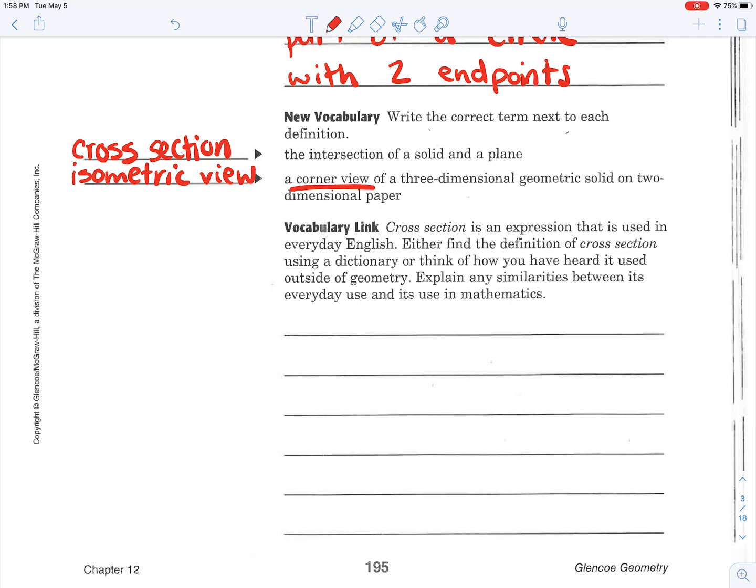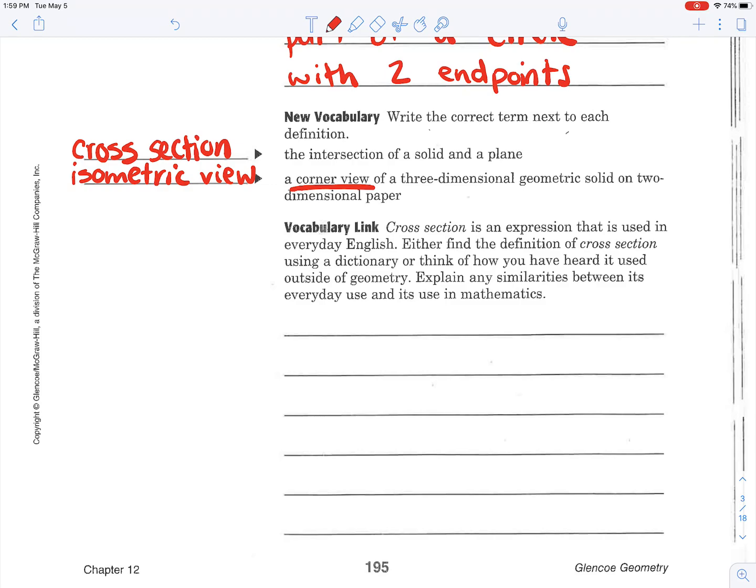Cross-section is an expression that is used in everyday English. Either find the definition of cross-section using a dictionary or think of how you have heard it used outside of geometry. Explain any similarities between its everyday use and its use in mathematics. So if you look it up, you will get the definition from there, but you might know that cross-section is used to refer to a sample section or selection of a certain population, like when we're talking about taking any sort of survey.